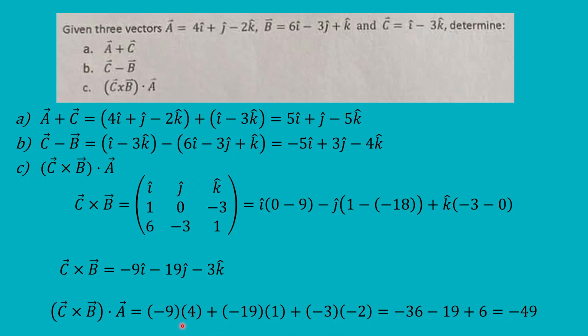So we'll have minus 9 times 4 is minus 36. Minus 19 times 1 is minus 19. Minus 3 times minus 2 is 6. So C cross B dot with A is now equal to negative 49.